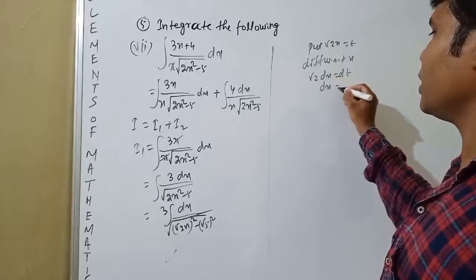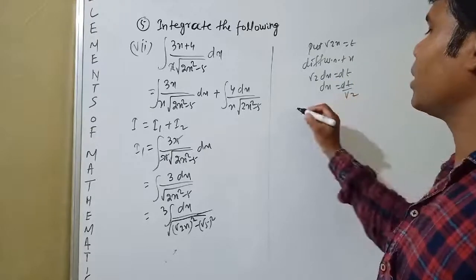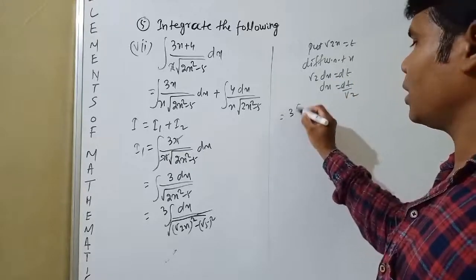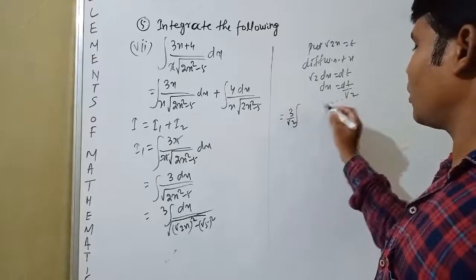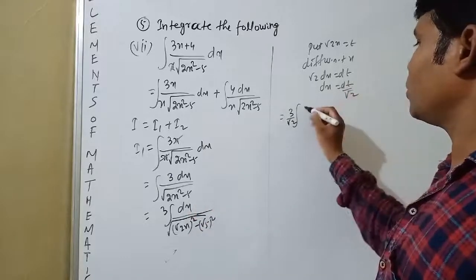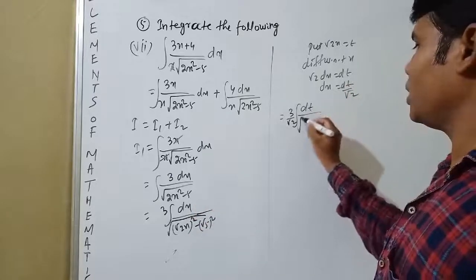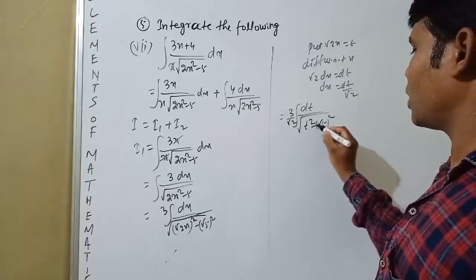Okay, dx is equal to dt by root 2. So here, 3, you write here root 2, keep outside 1 by root 2, dx is equal to dt by root 2, that is, you write here dt by t square minus root 5 whole square.